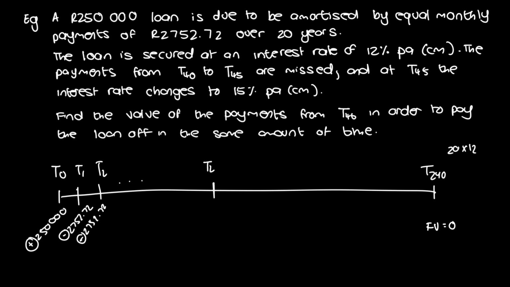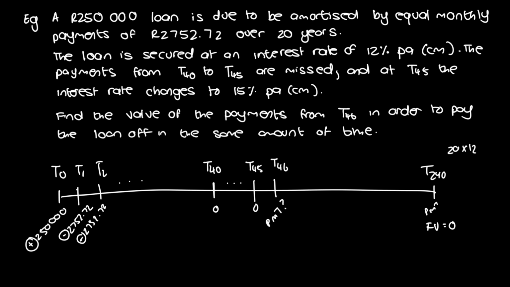So T40, we have missed payments. So it's going to be 0 there. And that's going to continue until T45. That's also going to be 0. Okay. Then after that, we're going to have a new payment happening that we don't know about. So PMT that we're not sure what it is.